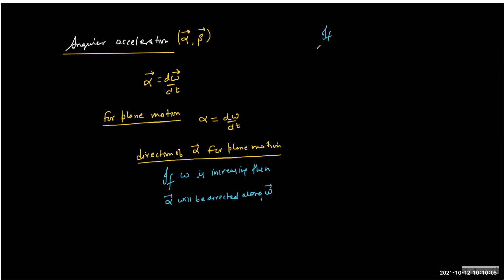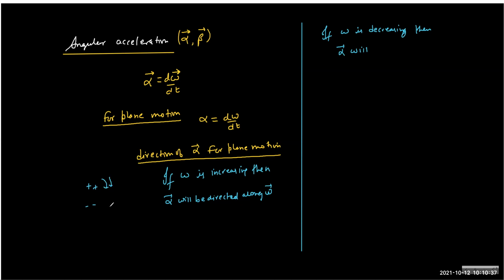If omega is decreasing, then alpha, Sir, it's positive, no? In the first case, alpha is not positive. Both will have the same sign. Either both are clockwise or both are anti-clockwise.